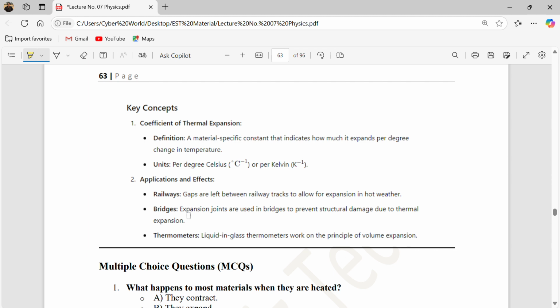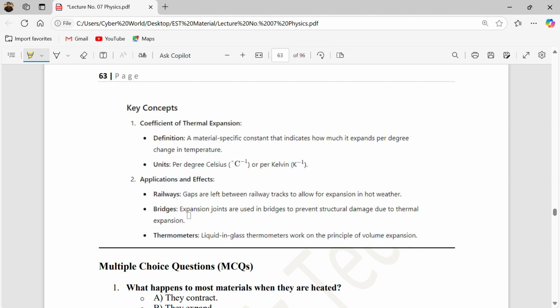It describes how much your specific material expands per degree change in temperature. The unit of the coefficient of thermal expansion, either alpha or beta, is per Celsius or per Kelvin.